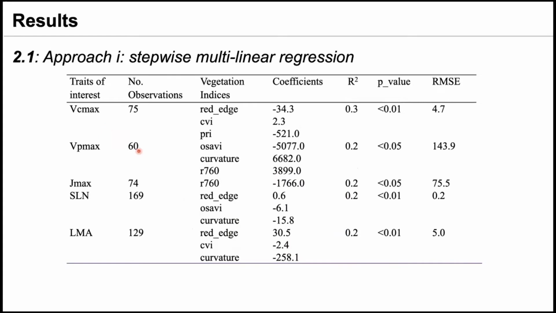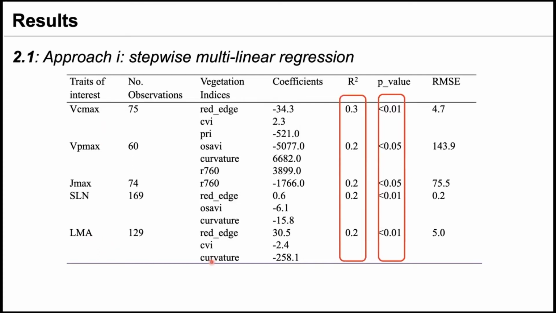And the regression result shows that all of the models for the traits of interest are significant, although R square was not very high. However, root mean square error was acceptable, except for VP max. Further studies are needed for this parameter based on this approach.